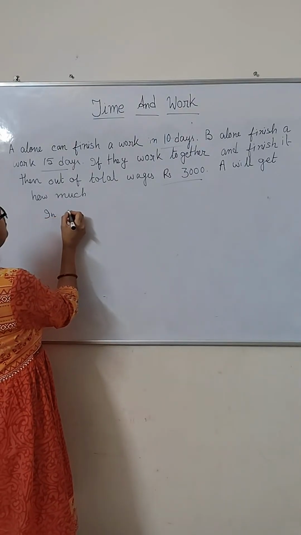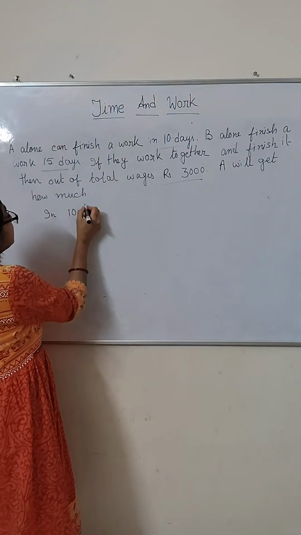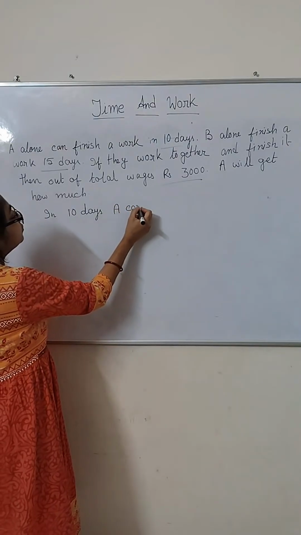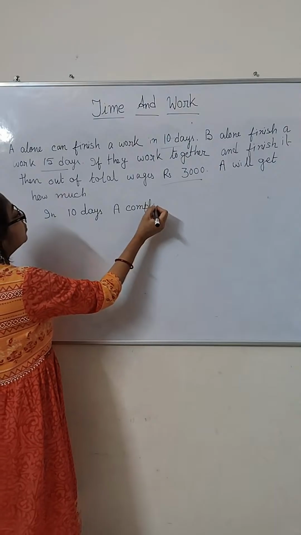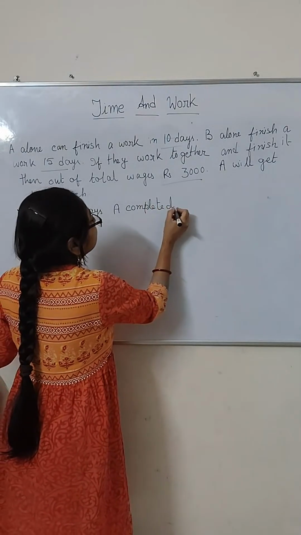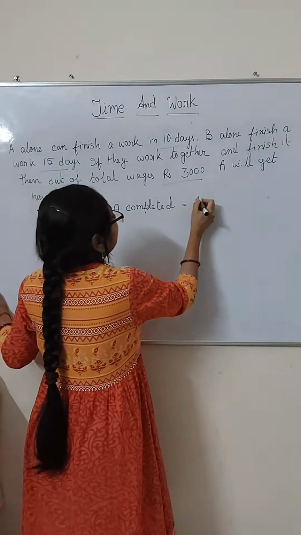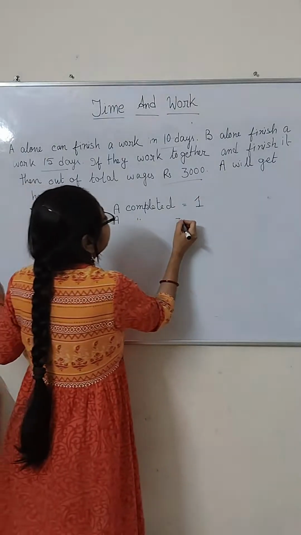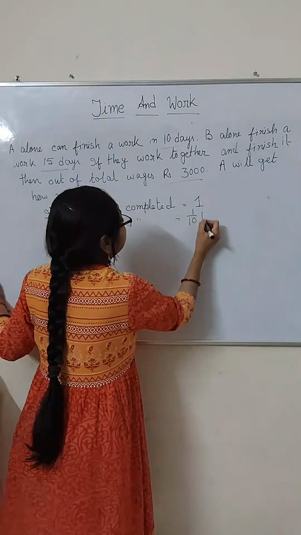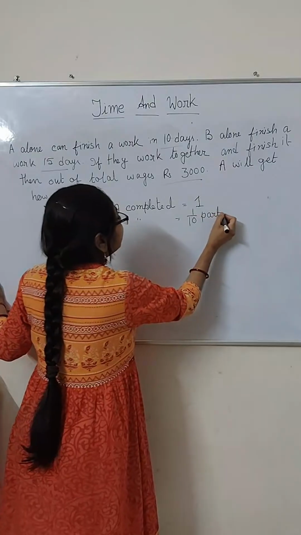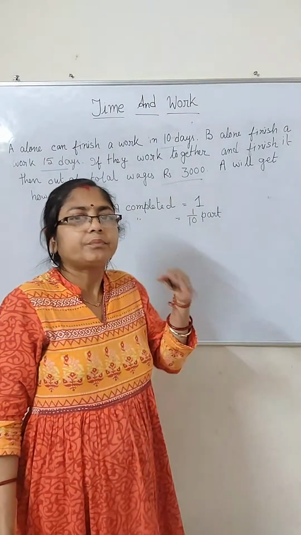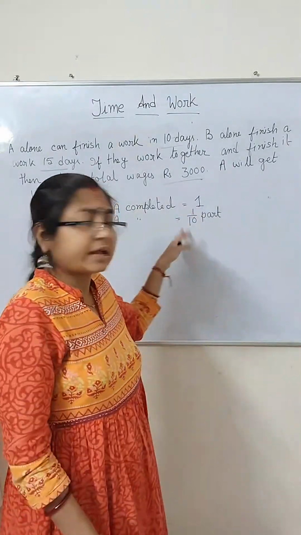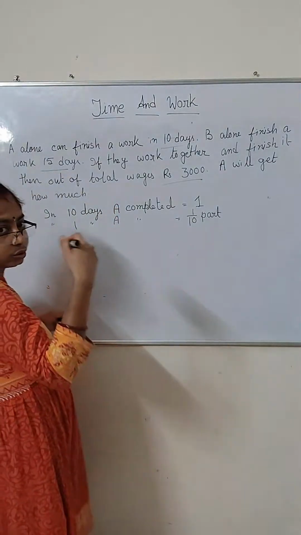In 10 days, A completed 1. In 1 day, A completed 1/10 part. Clear? Because in time and work, you know, first by the unitary method you find out what they are doing in 1 day. I completed this part. Next you go to the B part.